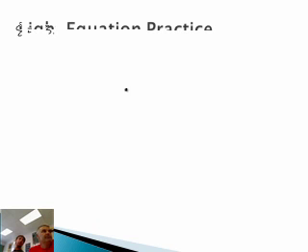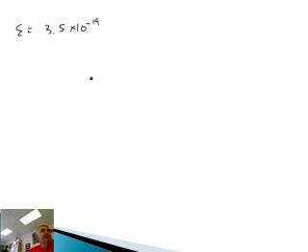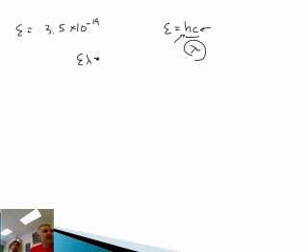So if I've got E equal to 3.5 times 10 to the minus 19th, I have some equations. E is equal to HC over lambda. But I know H and I know C because those are constants. So if I want to find the wavelength, I can cross multiply. So E lambda is equal to HC.